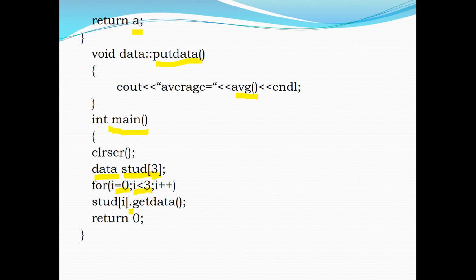Now student of i is an object, and student[i].get data is called, so the function goes to the member function get data. In that get data, we have called one more function called put data, which then accesses put data.